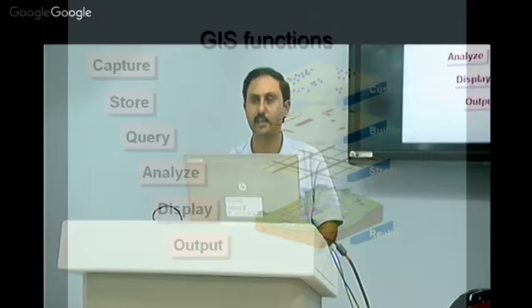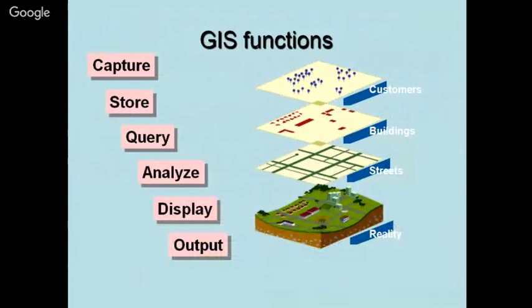Now, GIS functions help us to capture, store, analyze, display, and output, with the help of people, hardware, software, and knowledge. These are captured according to the need of the people, depending on which field they work in and what they want to do with GIS.